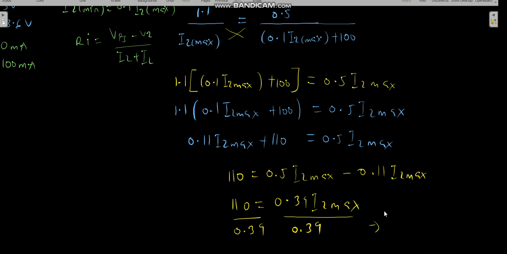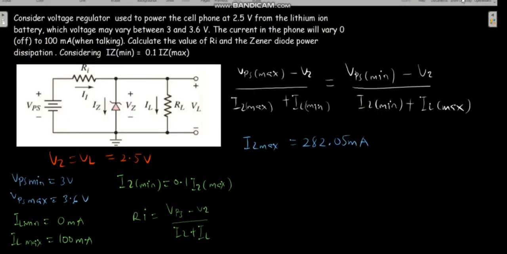That will be 110 divided by 0.39, which gives me Iz max equal to 282.05 milliampere. Now that you've gotten the value of Iz max, you can go ahead and solve for the value of Ri here.